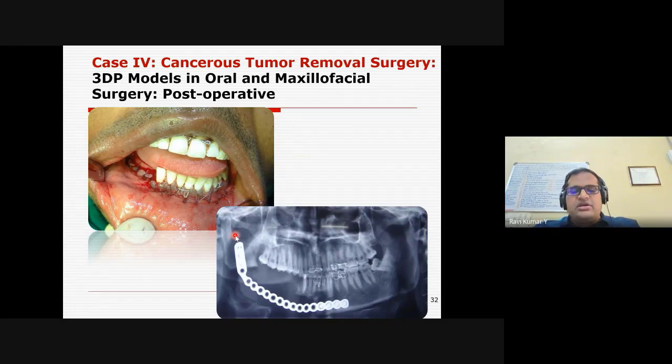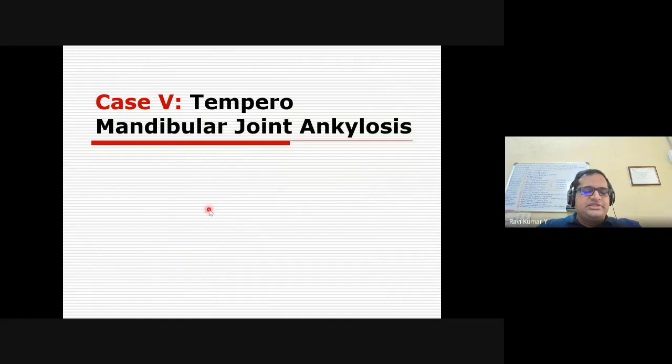And in the next case study, we succeeded in placing the implant.